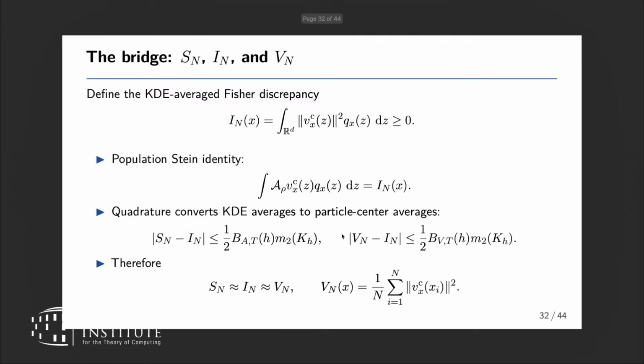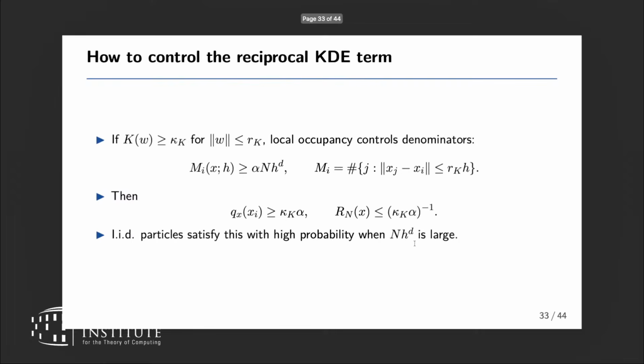So we can show there is a connection: you can control the distance between the quantity we are able to bound and this Fisher discrepancy, which is defined as the expected version of your Vn in some sense, and then the Vn and In are bounded together by this quantity. These essentially give you the third term in the upper bound that I showed previously, right?